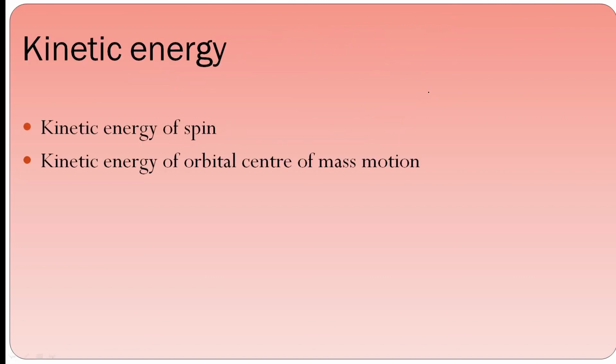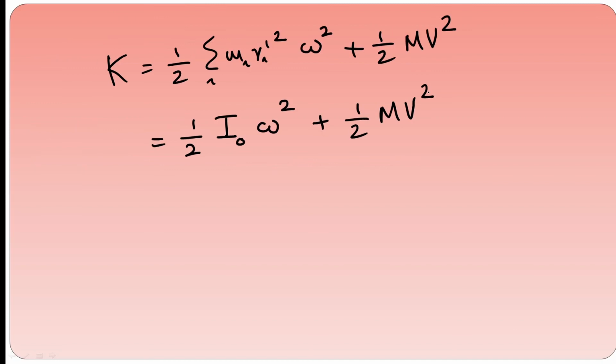And we can see there are two terms in the kinetic energy. One is the kinetic energy of spin, the kinetic energy of rotation about center of mass, and the other is the kinetic energy of orbital motion of center of mass. The first term is the kinetic energy of rotation about center of mass.